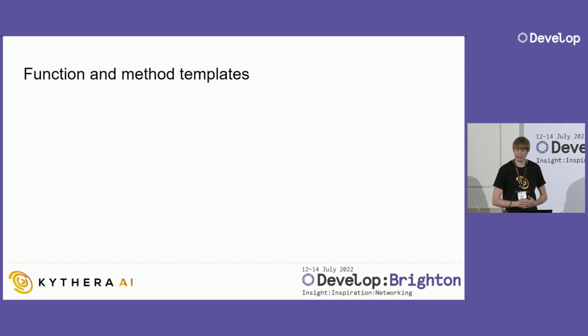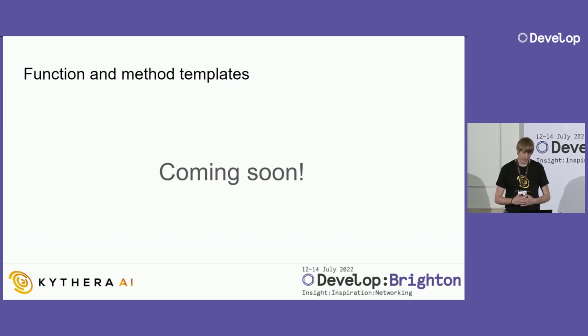Function and method templates are coming soon. CppSharp devs are working on it basically right now. One use case for that is we have a Blackboard implementation. A Blackboard is basically a hash map, but the value is not specific to one type.